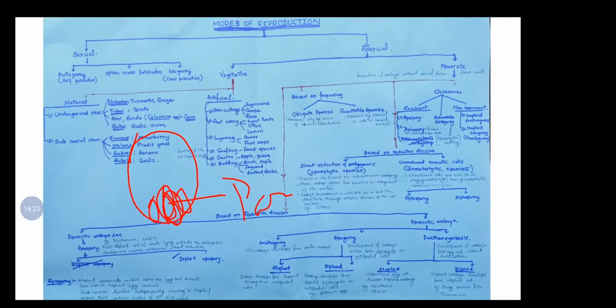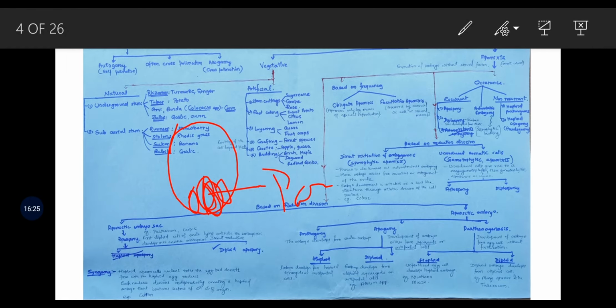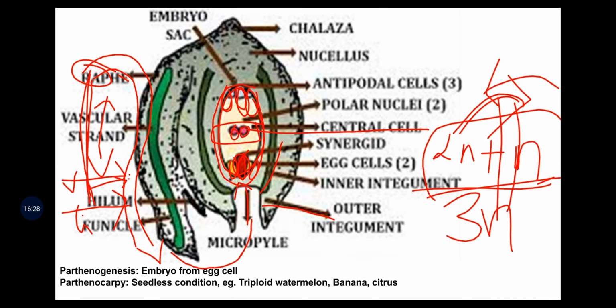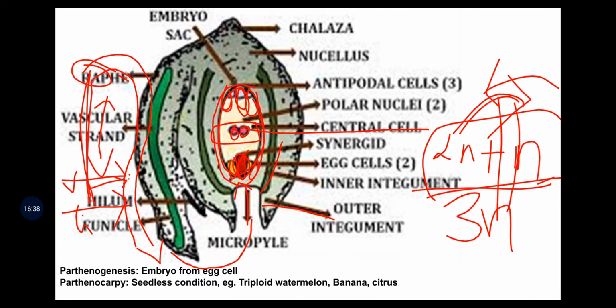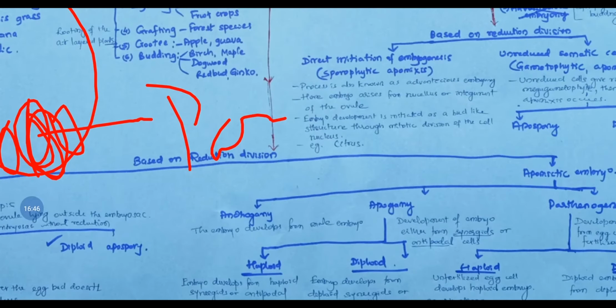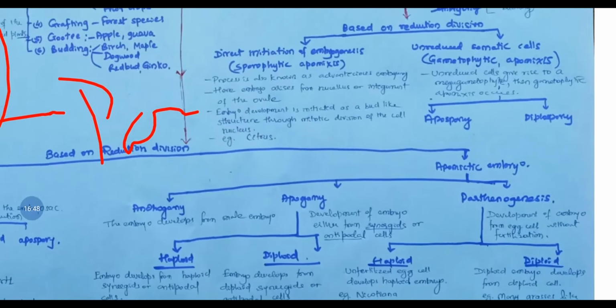For your better understanding, I'll show it in the picture. Here the antipodal cells are at the other end. They are 3 in number, and another 2 synergids, meaning from the 2 different poles the cells are considered for the development. That is nothing but apogamy.